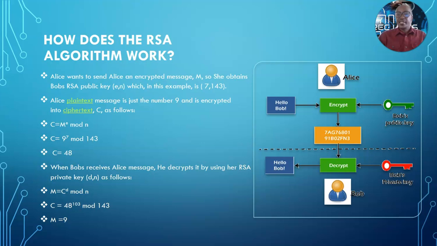And that ciphertext is decrypted by the receiver, which is now Bob. Bob derives the key D, which is 103, gets the ciphertext, raises it to the power D, and then mod N, which is mod 143, to get back the message, which is 9. And that's how it is, because that's the generation of the session key.